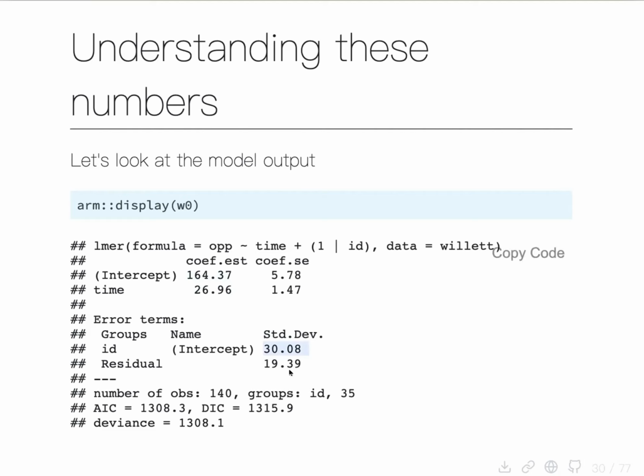So we have this variance component, which is 30, and we also have this variance component, which is about 20. That's sigma, the residual variance. So this is the variance between participants in the intercept, and this is the leftover residual variance.